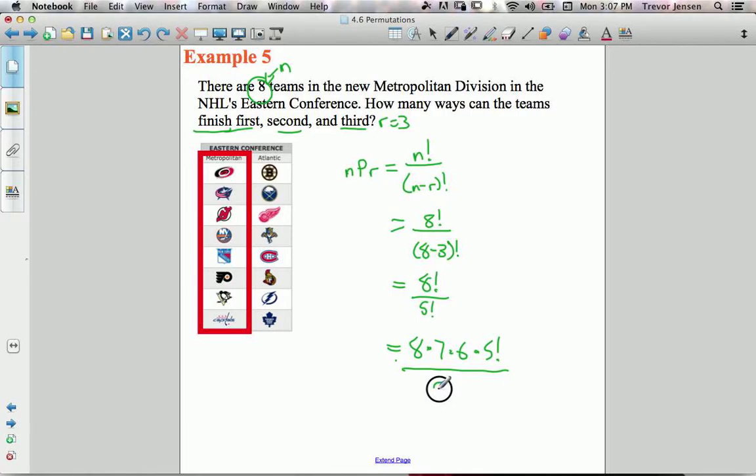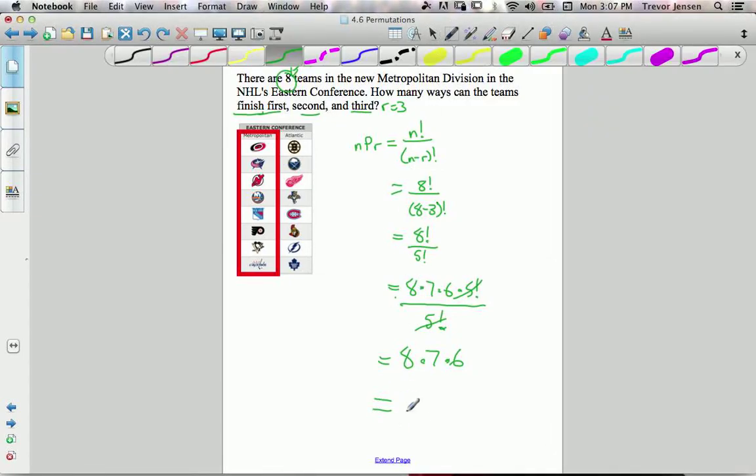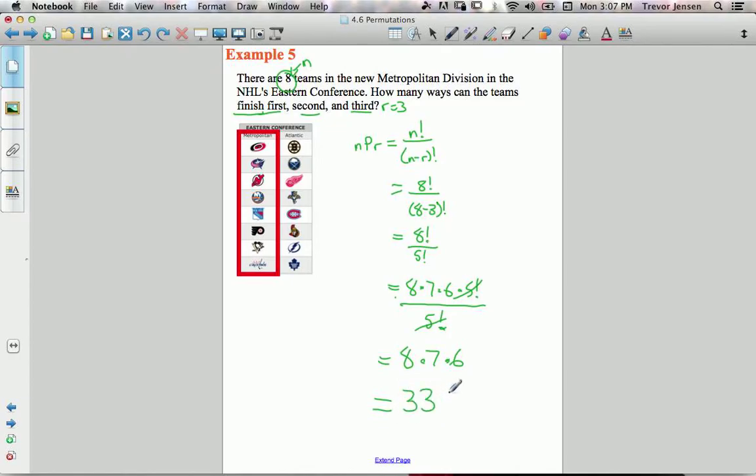And what do I have on the bottom? I have a 5 factorial on the bottom as well. So notice those will cancel. That's why I cut off the top there. So once again, I have 8 times 7 times 6, which equals 336. 336 different ways that these 8 teams could finish first, second, and third in their division.